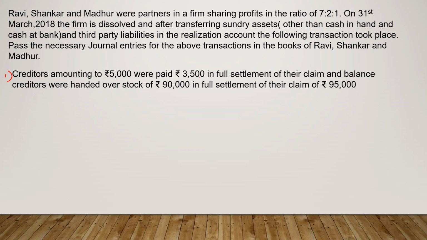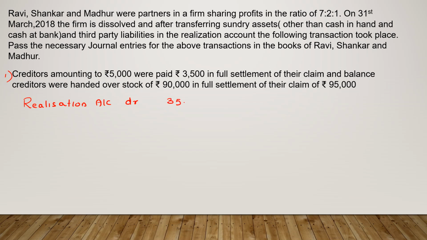So what are we supposed to do? We would have already transferred these creditors to the credit side of realization. So we debit the realization account. What was the amount which was paid? We have credited the realization account with the book value, so 5,000 would be there on the credit side. But it is being settled for 3,500.